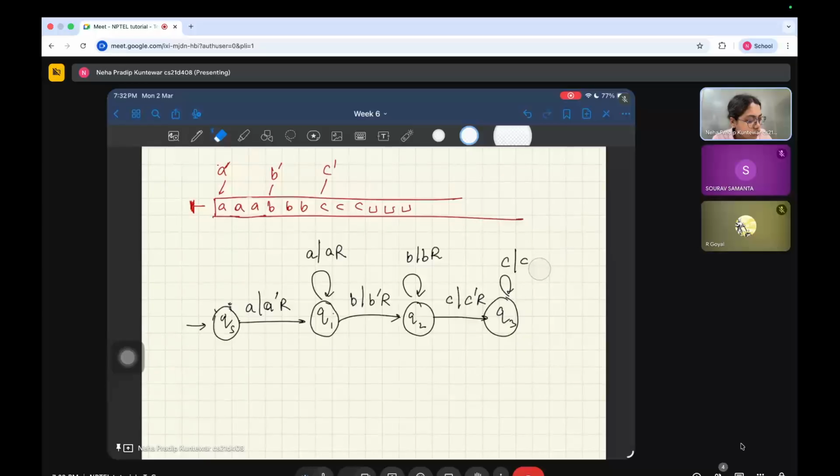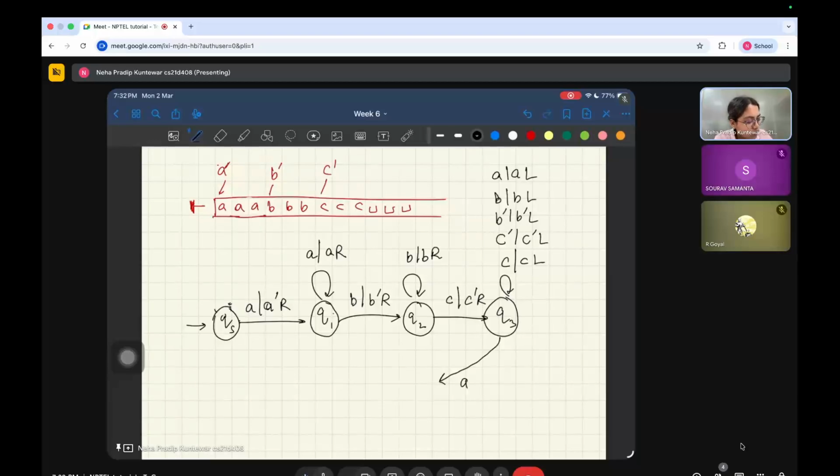At this point you really don't need to go to the right, you will go to the left and skip over all the symbols.